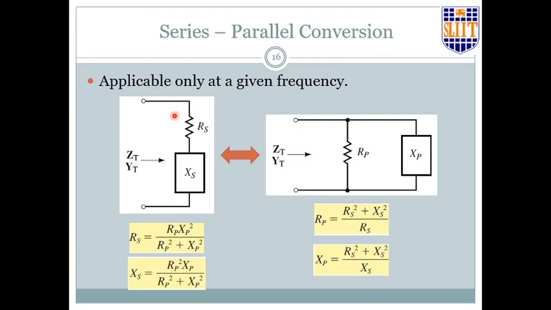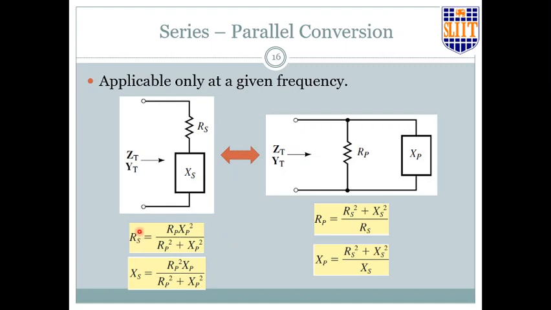So series parallel conversion we were talking about. So if you have a series connection, resistance and a reactance, and you want to convert that into a parallel connection for some reason, these are the equations that you use.